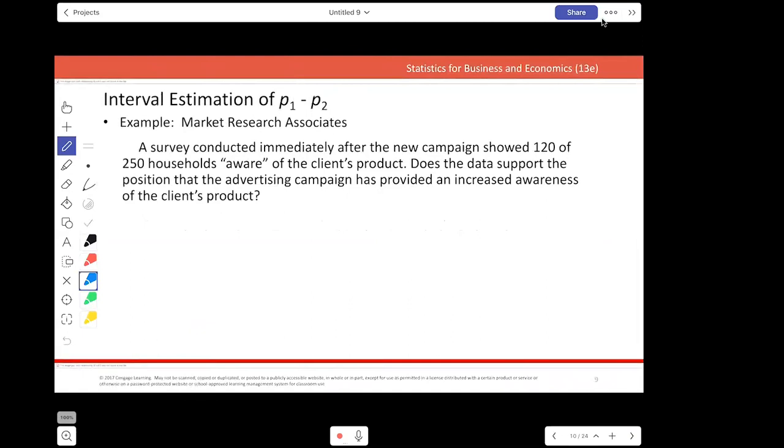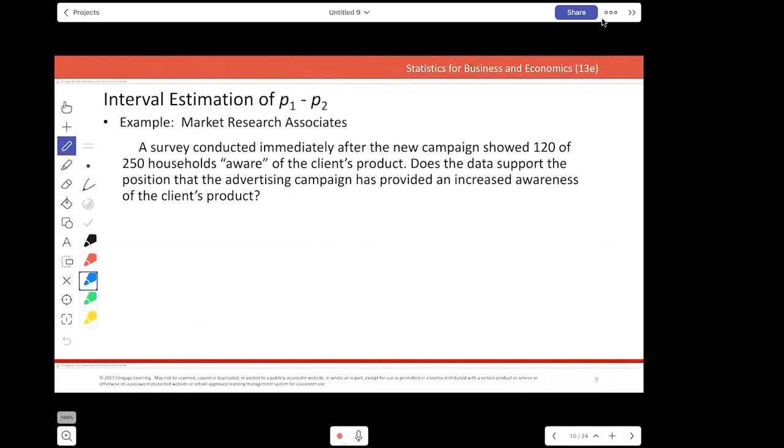A survey immediately after the new campaign showed 120 of 250 households are aware of the client's product. Does the data support the position that the advertising campaign has provided an increased awareness of the client's products? In other words, if the proportion afterwards is bigger than the proportion before, then we have evidence that the campaign has worked.